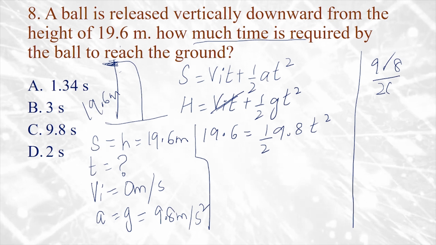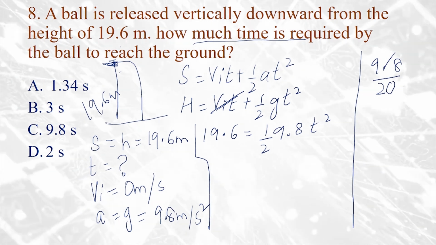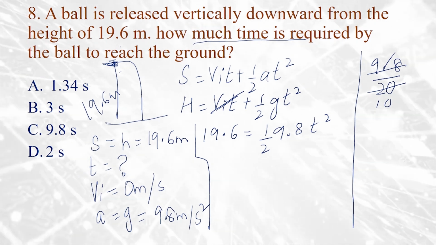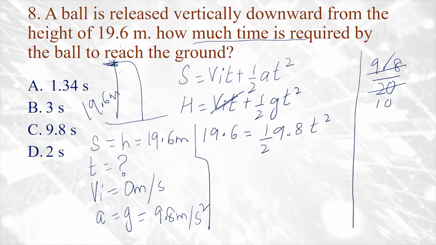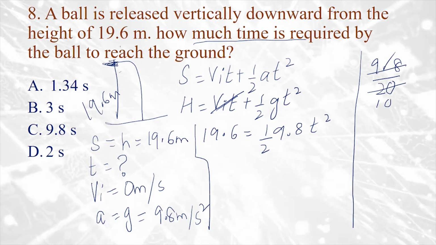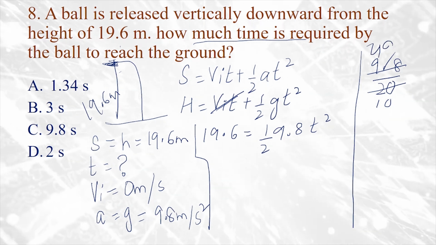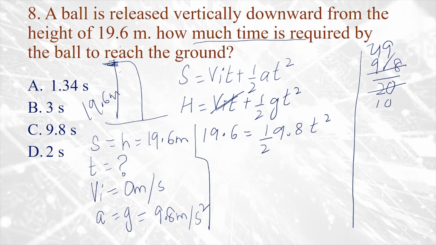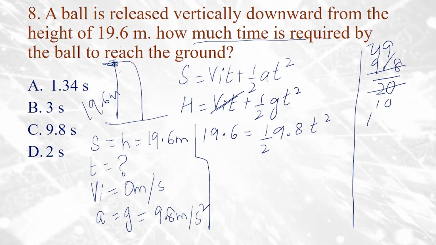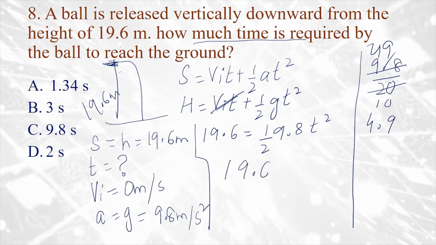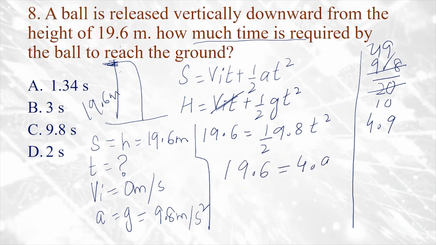So after cancellation, 2 4s are 8, 2 9s are 18, and it's a 10 here. When I put a decimal back, it will become 4.9. So the equation will become 19.6 equals 4.9 T square.